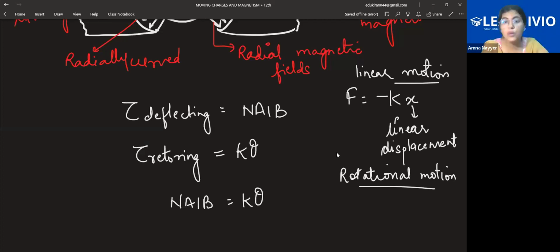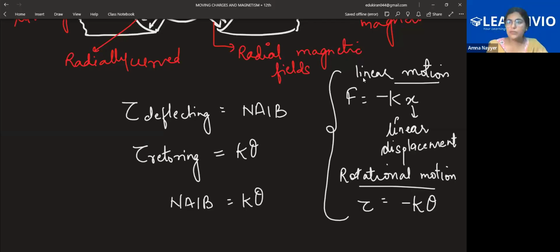We have already done one question based on this. The rotational motion portion, basically we have covered it in circular motion. So force now becomes torque, and this becomes minus k theta. This is from your concept of waves and SHM. Those who do not remember it, those who want to revise it, let me know. I can arrange a class also if you want.